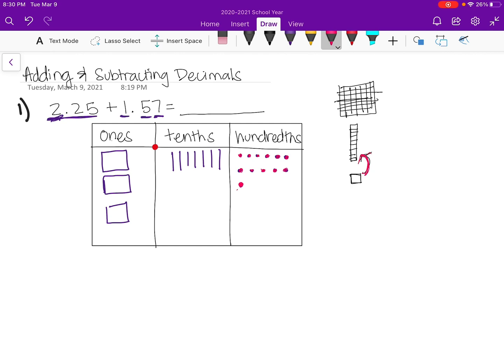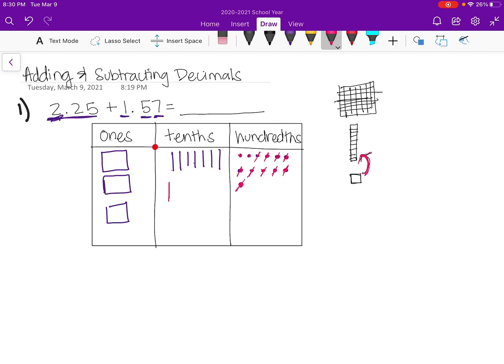So I'm going to cross out 10 of the hundredths, 1, 2, 3, 4, 5, 6, 7, 8, 9, 10, and I will turn that into 1/10. Now I should be good to go.